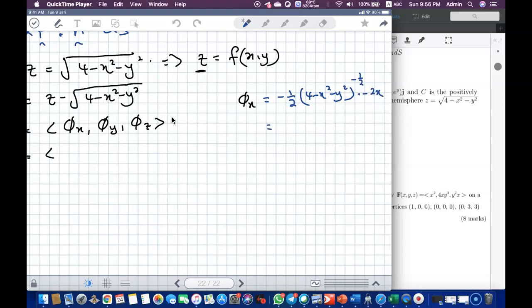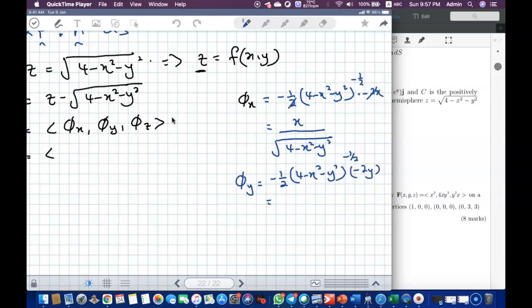The negatives cancel, so you have x over the square root of 4 minus x squared minus y squared. Then phi y is also the same: minus 1 over 2, 4 minus x squared minus y squared, times minus 2y.